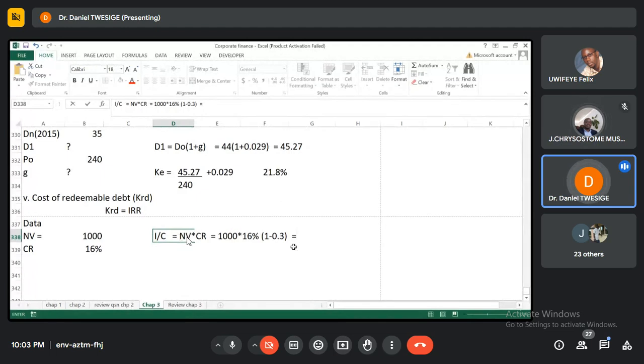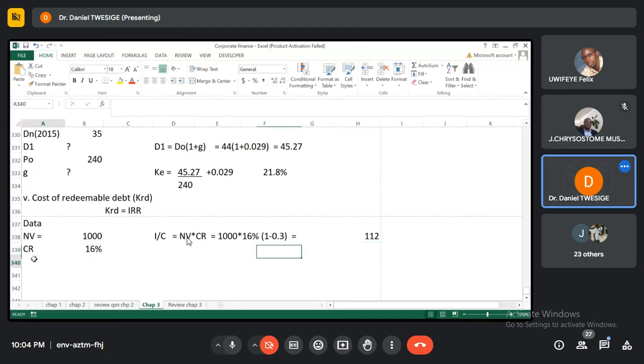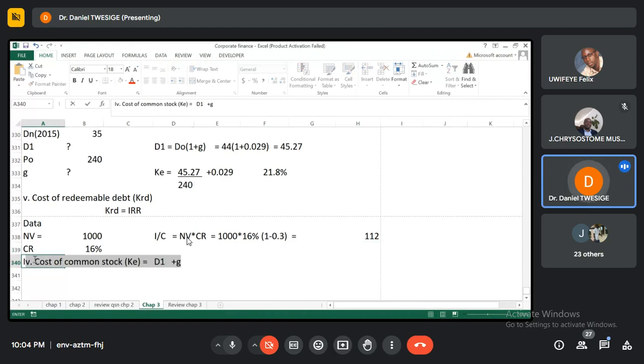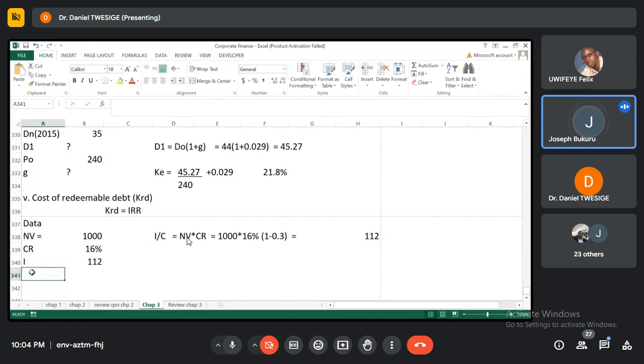So what do we get for our coupon or our interest? I've already calculated it. It is 112. What is NV?